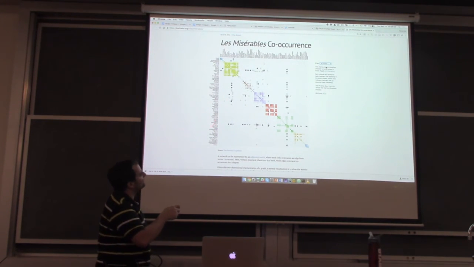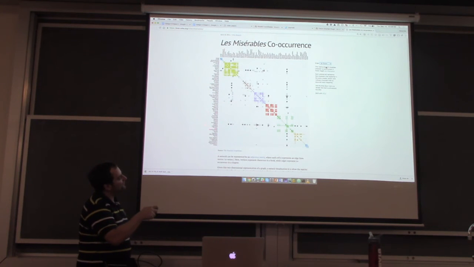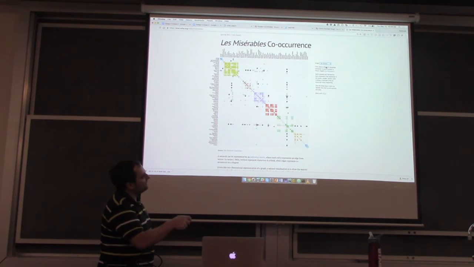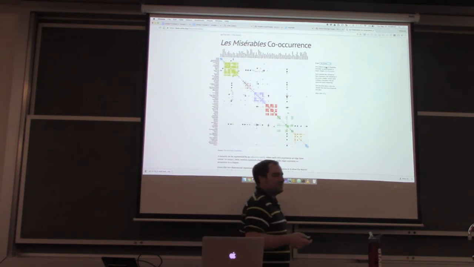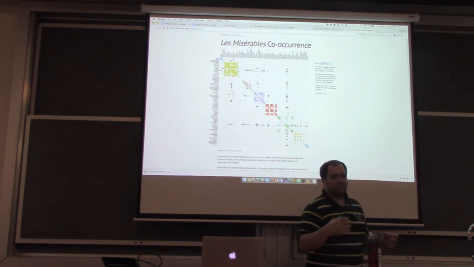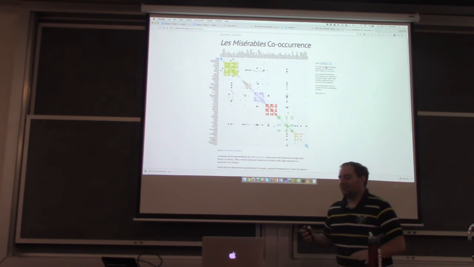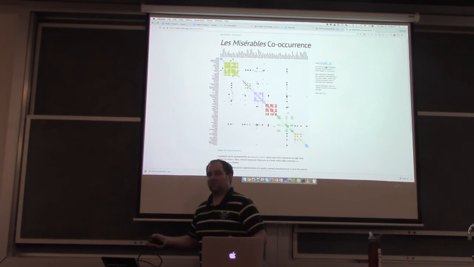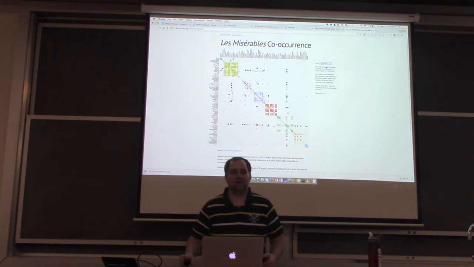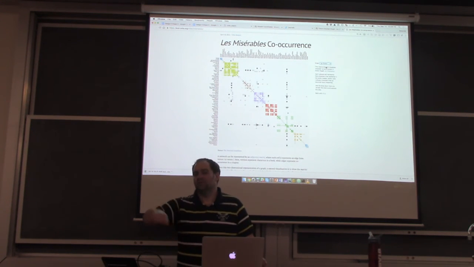And here is the main actor of Les Miserables, Jean Valjean, and not surprisingly, he interacts with quite many people. So these matrices are great for seeing these one-hop relationships, but they're terrible at showing topology. A distance of 2 or 3 is almost impossible to trace unless you really sit down with a pen.